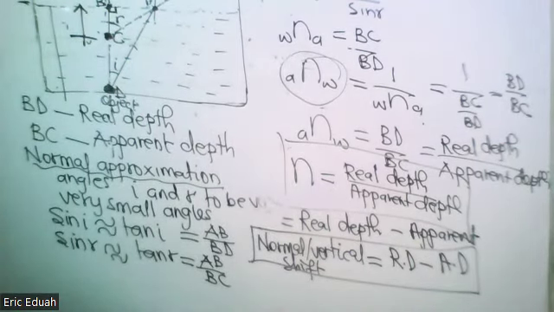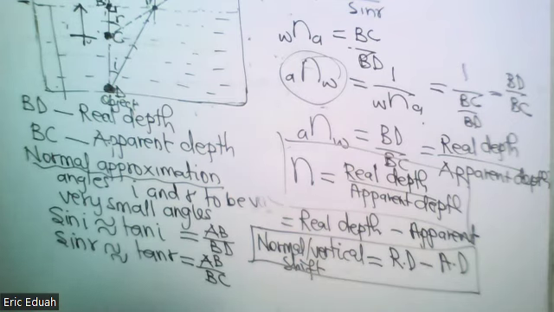Yes, please. All right, so take note of the things to look at: the expression of the refractive index, and then the expression of the vertical shift. Because that is what we'll be using to solve the problems involved.